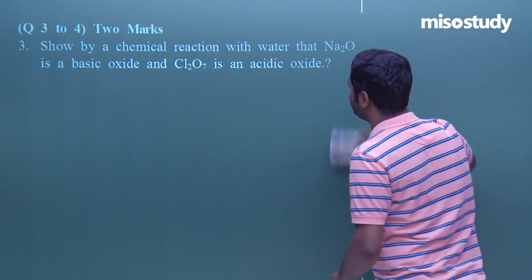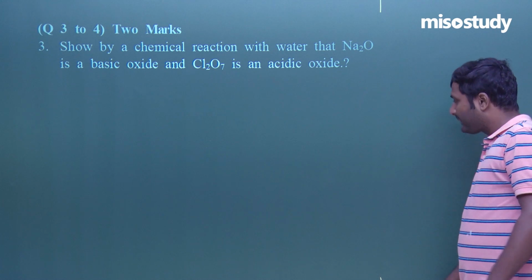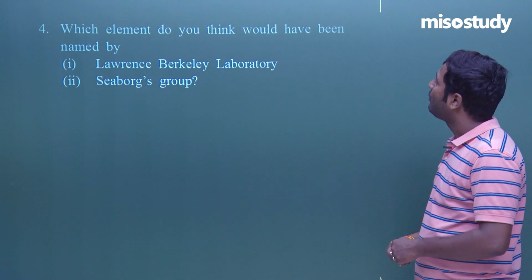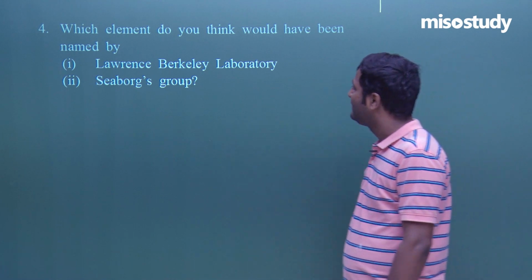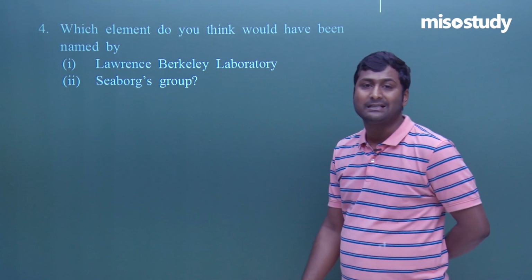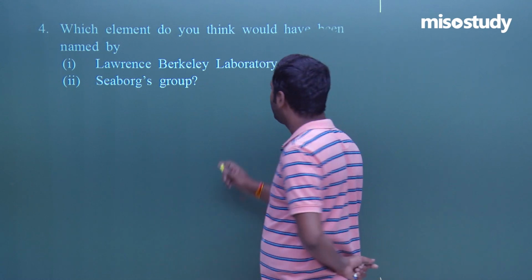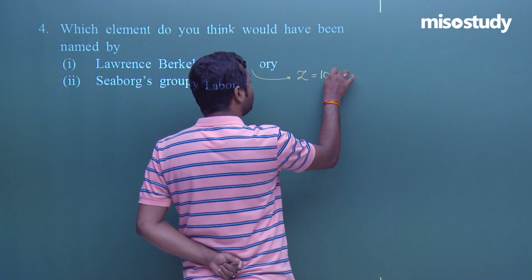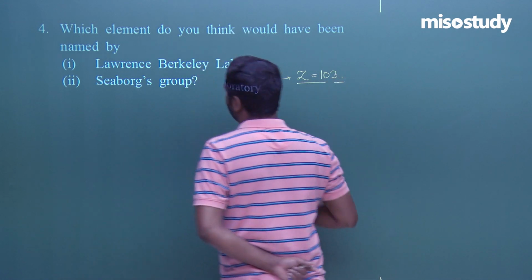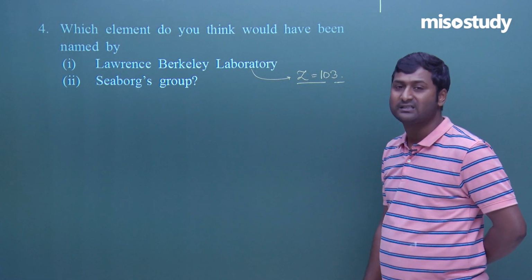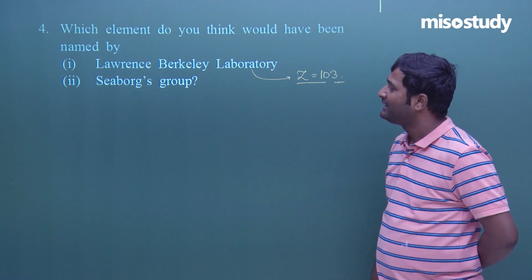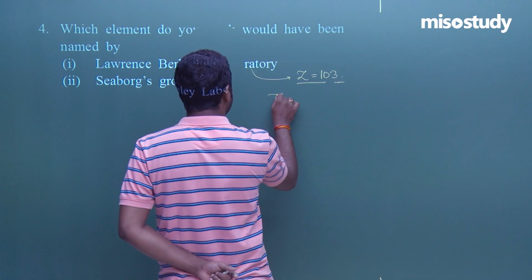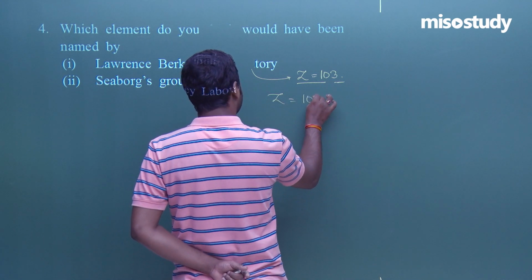Next question, wait for a moment. Now, question number 4. Which element do you think would have been named by Lawrence Berkeley Laboratory? That is lawrencium. Clear to you? Lawrencium having atomic number 103. And what is the Seaborg group? Seaborgium, having atomic number Z equal to 106.